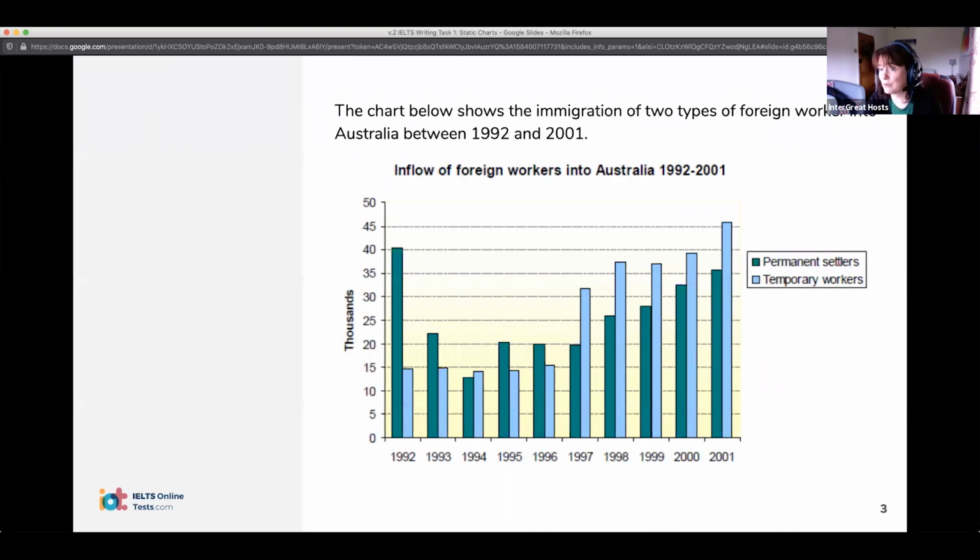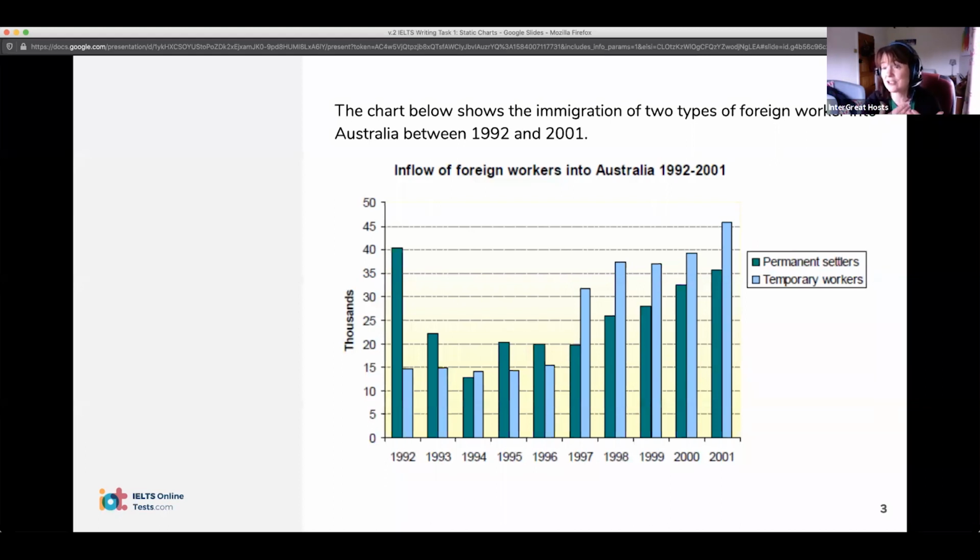But before we do that, we're going to look at a different example. This does have a timeline, and we're going to look at reading the question. One of the issues candidates sometimes have is that they don't spend enough time looking at the question before they start, and then make mistakes in terms of accuracy.